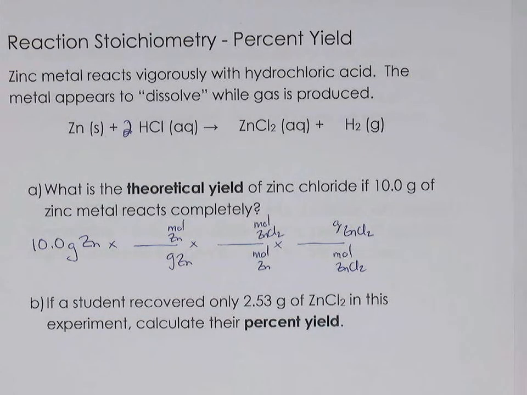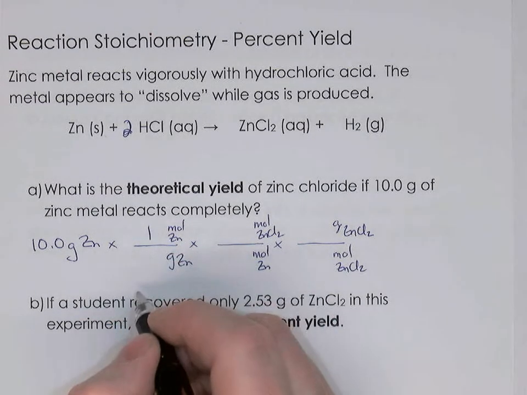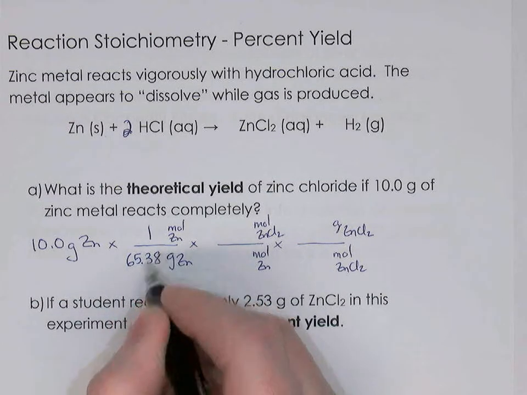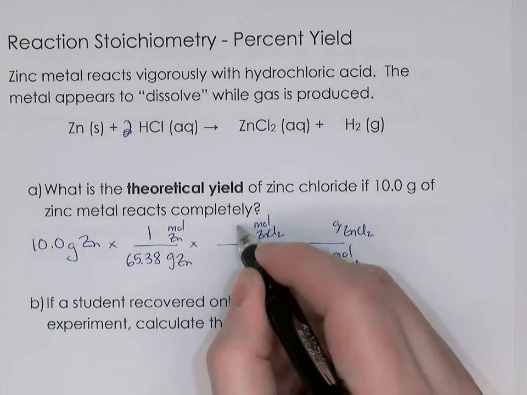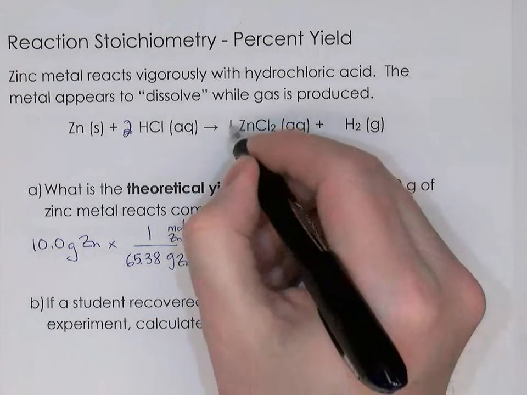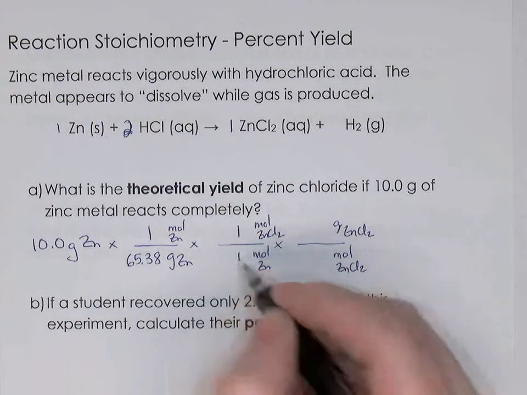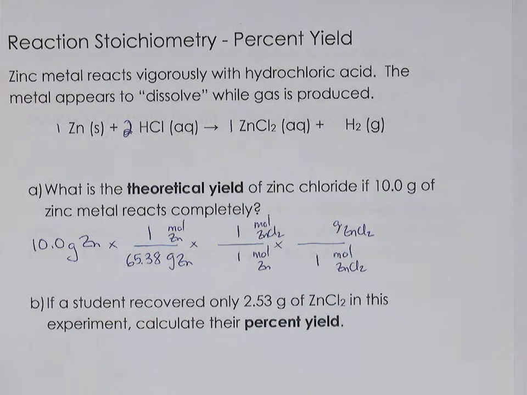So the first unit multiplier, 1 mole of zinc, the molar mass of zinc, is 65.38 grams. From our balanced equation above, we see 1 mole of zinc chloride can be produced from 1 mole of zinc metal, so it's a 1-to-1 ratio. And then the molar mass of zinc chloride, I'll use a periodic table and a calculator.